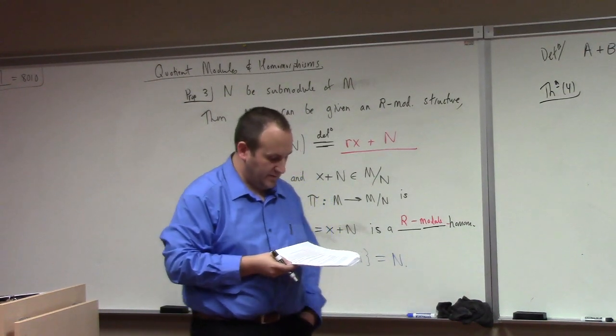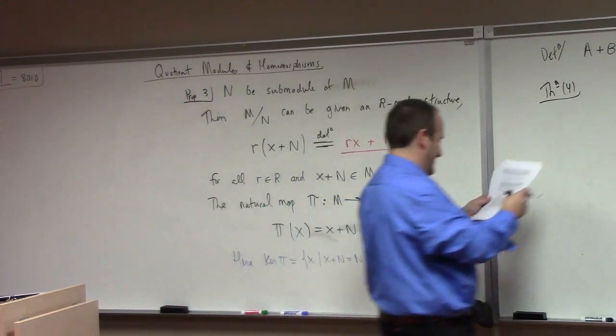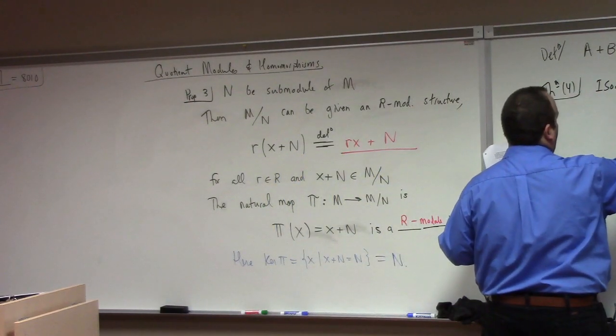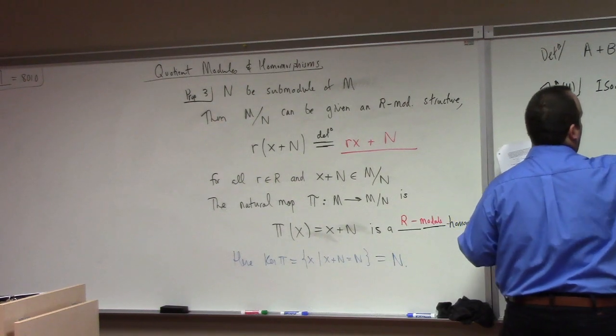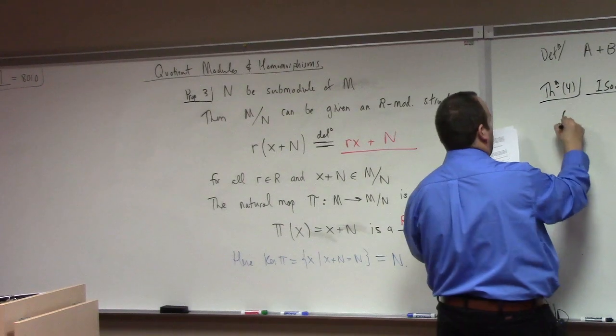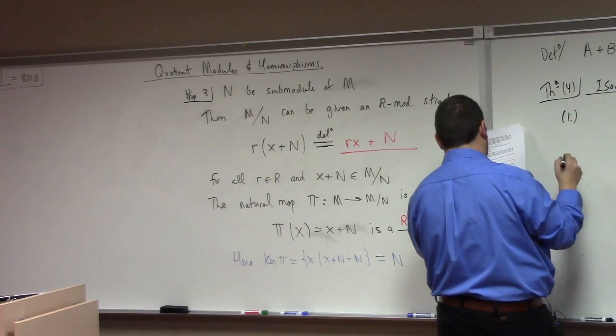Theorem 4 is the isomorphism theorems. There are 4 of them. The first one is the one we emphasize in 421.